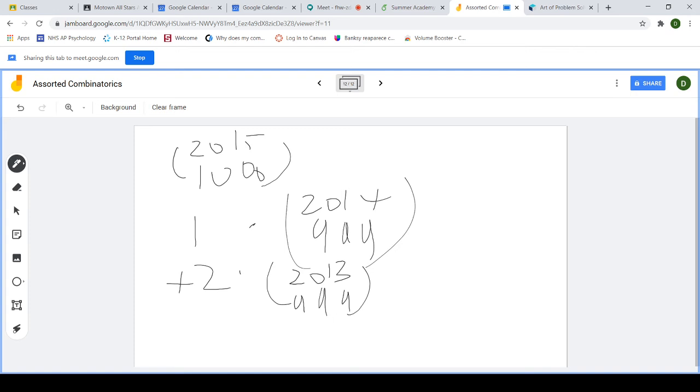Because we cannot choose 1, and we just continue this. And this all goes all the way down to 2015. Hope this is correct.